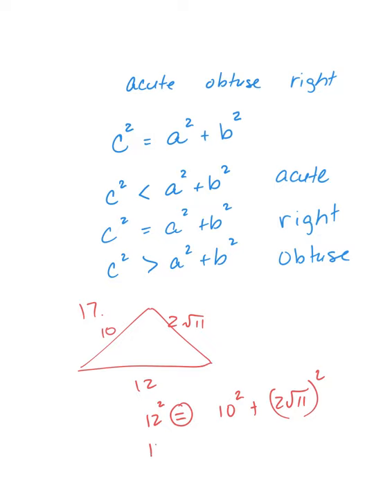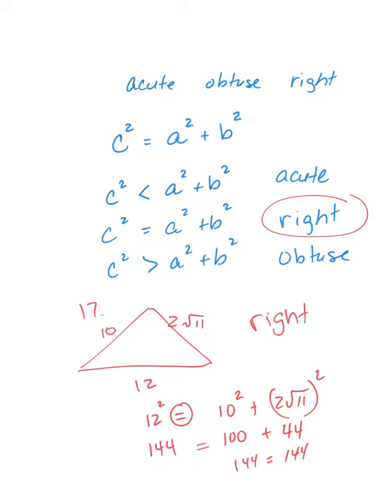So 12 squared is 144. 10 squared is 100, plus 4 times 11, which is 44. The first one is right, so do the rest of them and see which one is right, obtuse, or acute. If you want to do a couple of each section, come up and I'll check them for you, make sure you're on the right track, okay?